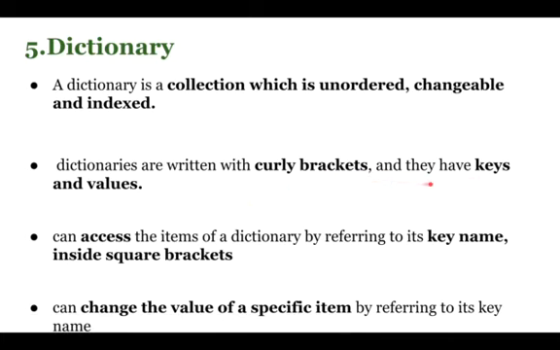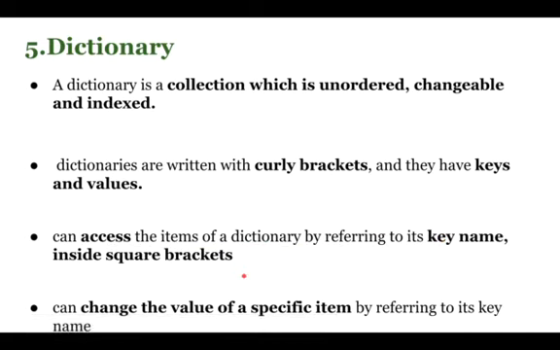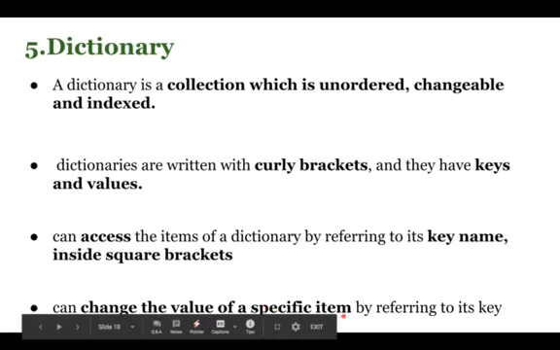Instead of indexes, here we use keys, and we can access the items of a dictionary by referring to the key name inside square brackets. So instead of an index here, we will be using only the key. You can change the value of a specific item also by using the key here.